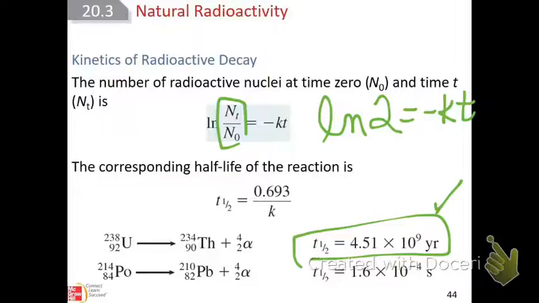The ln of 2, which is taking the amount at time 0 and at time t. So actually that's at 1/2. I shouldn't have said 2. It's at 1/2. If you want the half-life, you're finding a period of time, the time that it takes for half the original amount to decay.